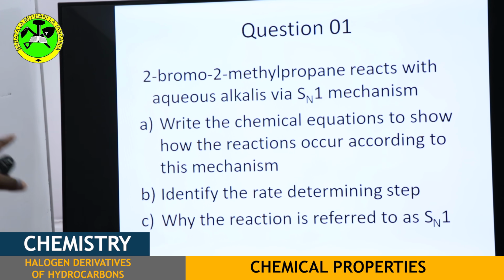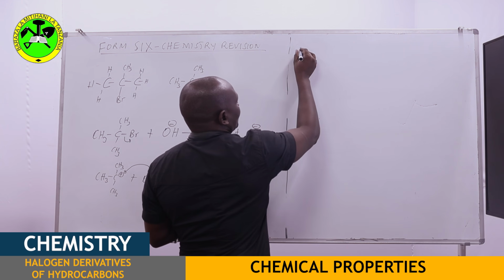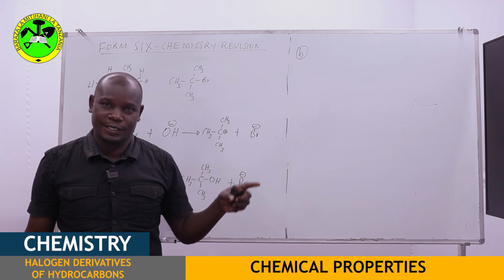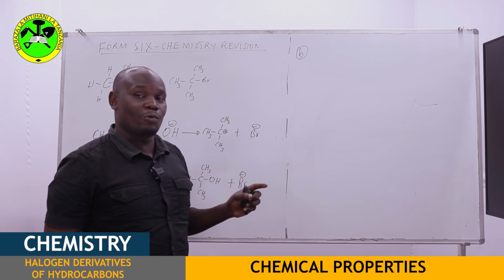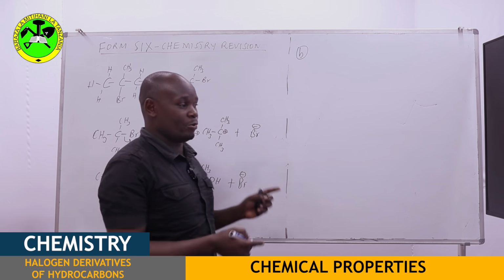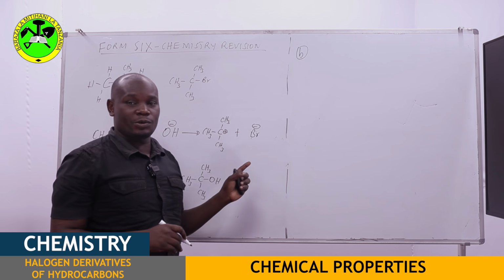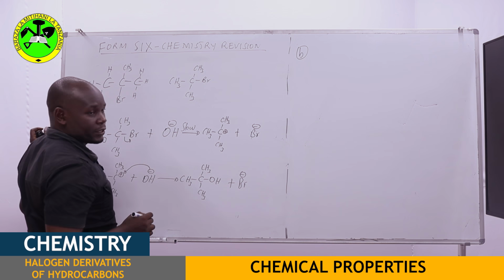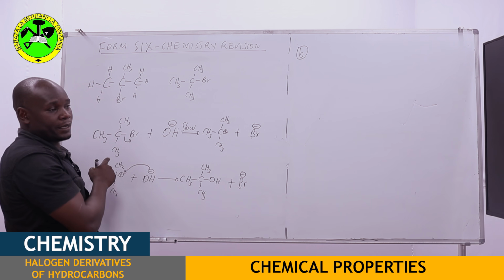In the second part, we have been asked to identify the rate determining step. The rate determining step is the slowest step. And which of the two steps is the slowest? This one is the slowest step, so this is the one which determines the rate.